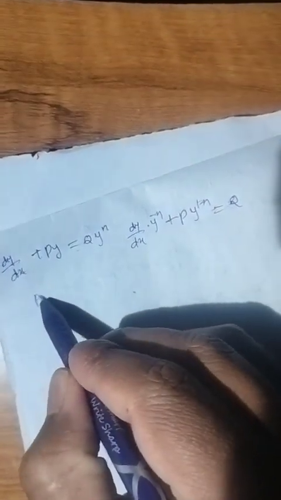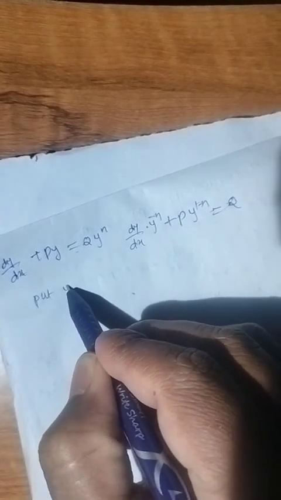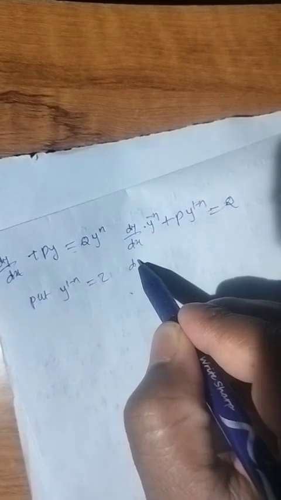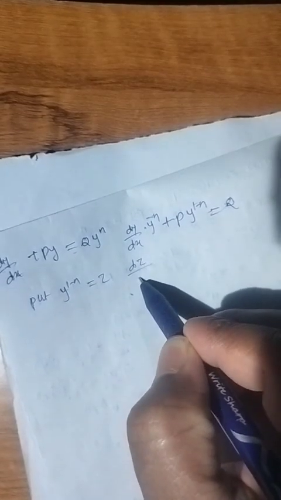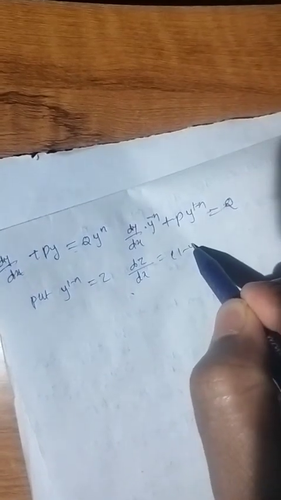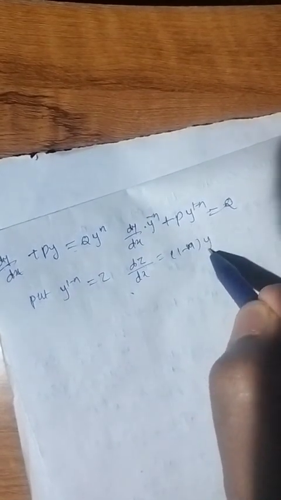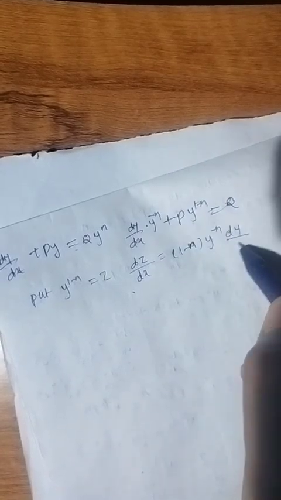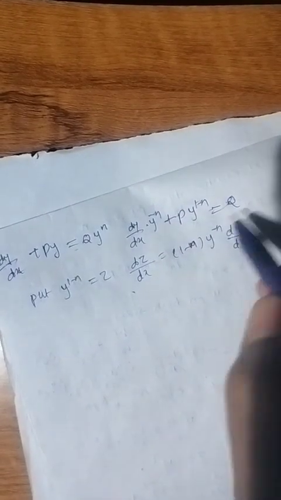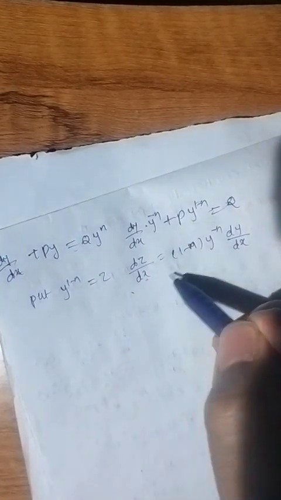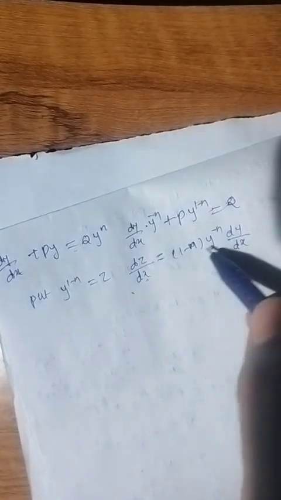So put y to the power 1 minus n as z and differentiate with respect to x on both sides.